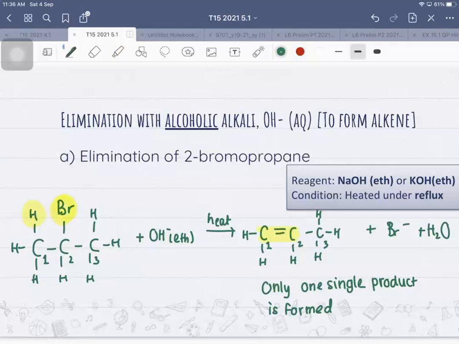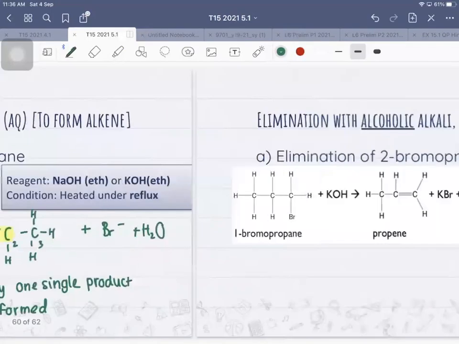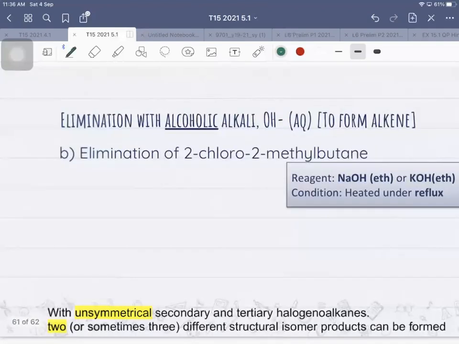And then the last example would be your 2-chloro-2-methylbutane. Please let me know when you are done copying this down. Okay, thank you. 2-chloro-2-methylbutane. Okay, so let's draw. Butane has 4 carbons, 2-chloro and 2-methyl.